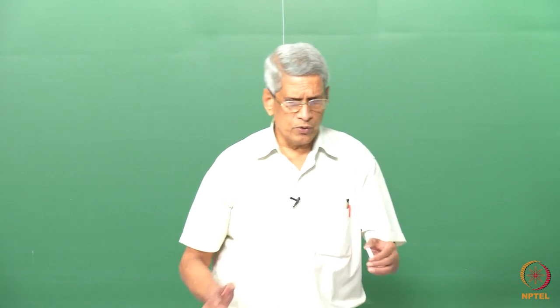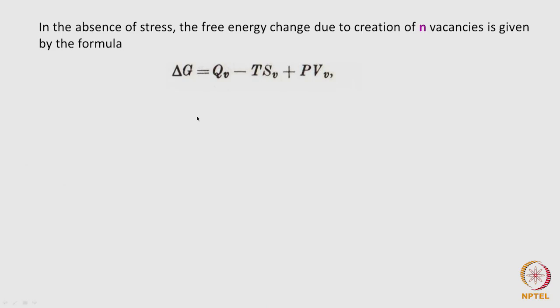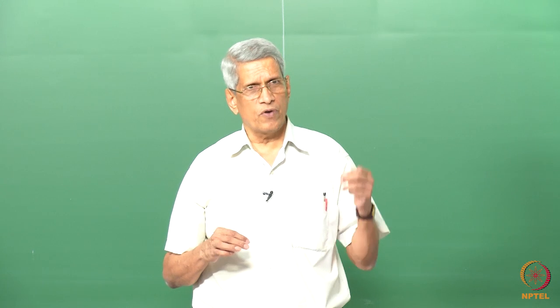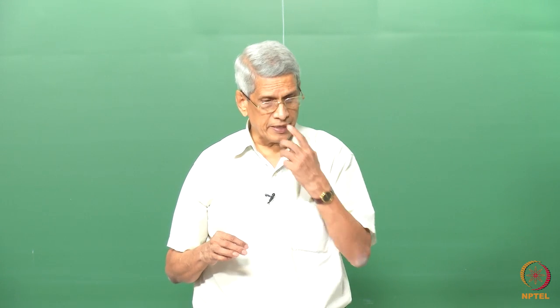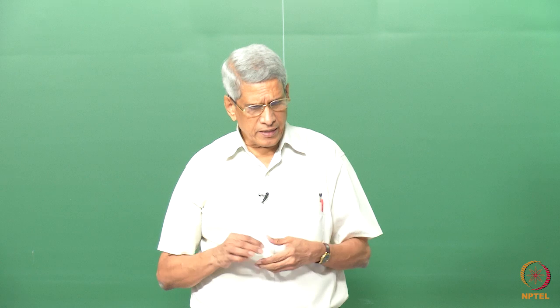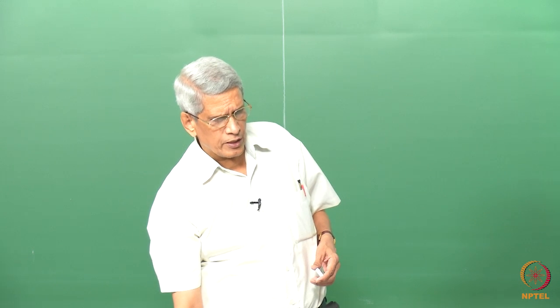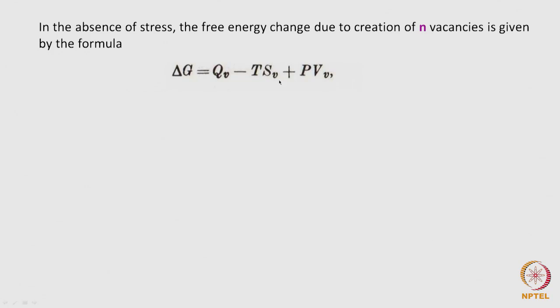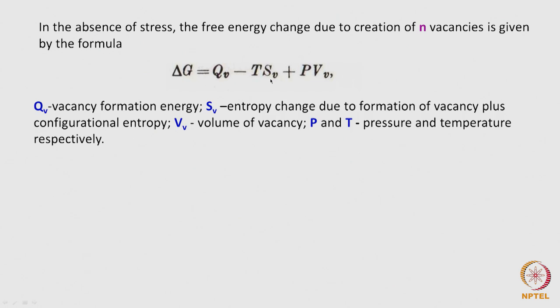We know that under thermal equilibrium condition, when no external stress is being applied, the free energy change which is going to take place depends upon the energy which is required for formation of a single vacancy. Then T into SV is the entropy term, the contribution due to entropy, where SV corresponds to the change in the vibrational energy plus the configurational energy.